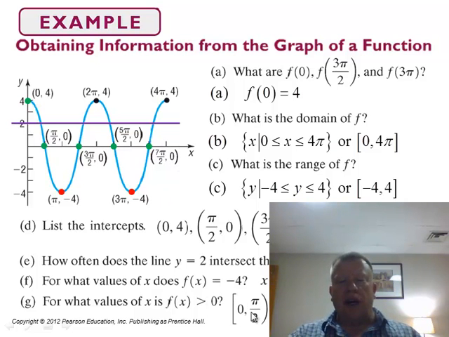So you can go ahead and write the union of those 3 intervals. Make sure that you include 0 and make sure that you include 4 pi. But you're not going to include 3 pi over 2 and 5 pi over 2, nor would you include pi over 2 and 7 pi over 2, because at those 4 values, this one, this one, this one, this one, f is equal to 0. So f would not be greater than 0 at those 4 values.